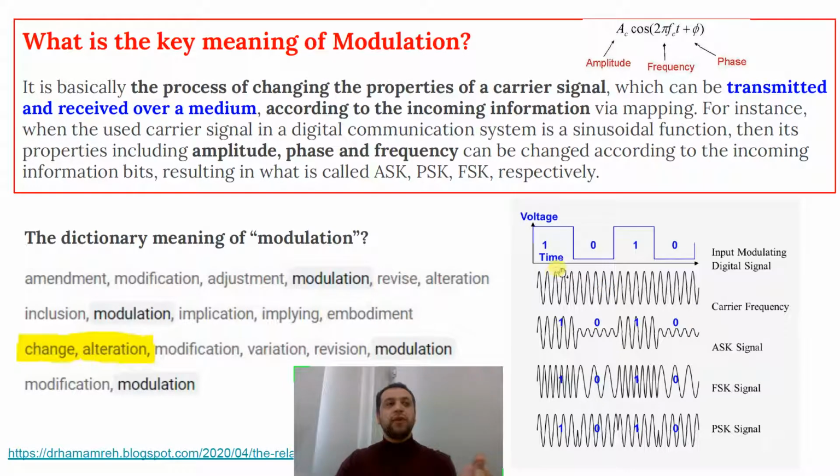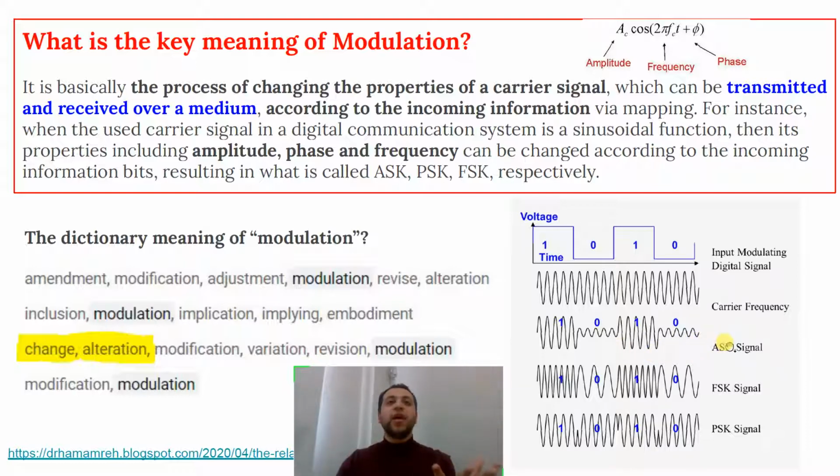First, we can change the amplitude. If 1 comes, if the information is 1, let the carrier amplitude be the same. So the carrier amplitude remains the same. If 0 comes, then suppress it. Make the amplitude almost 0. If 1 comes, don't make any changes to the amplitude of the carrier, which means the carrier amplitude appears.